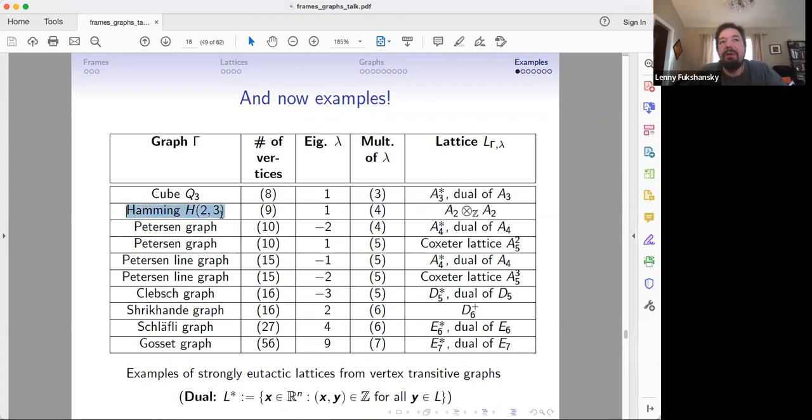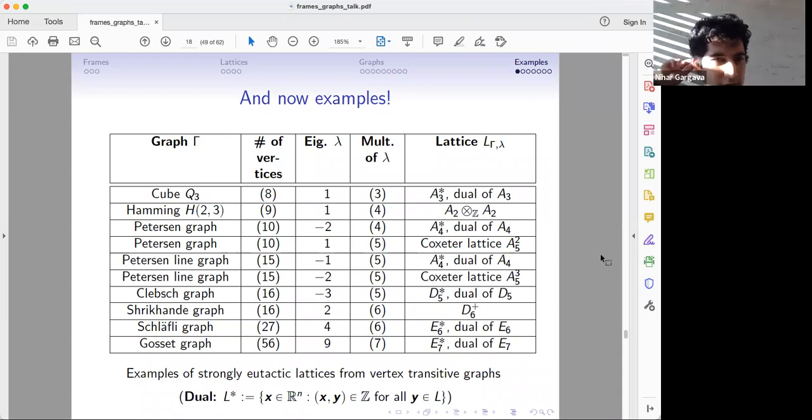So for instance, like Hamming graphs, probably not the most interesting cases. So it's probably more interesting to look at irreducible graphs. But no, I don't have an understanding of when you get extremal lattices. And in fact, I don't know what property of the graph would result in the perfection of the corresponding lattice. I don't know that.